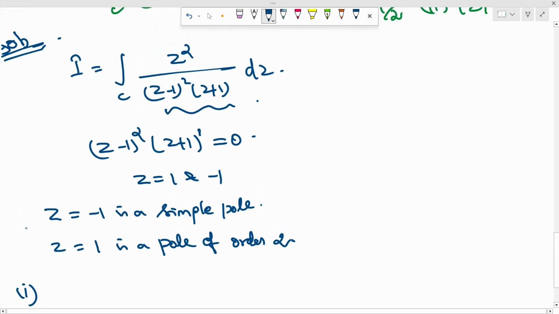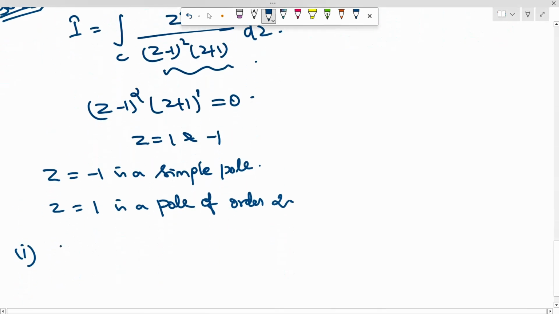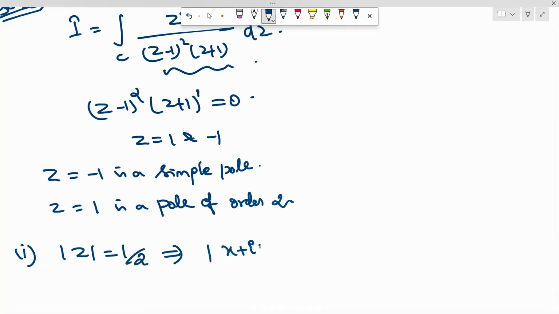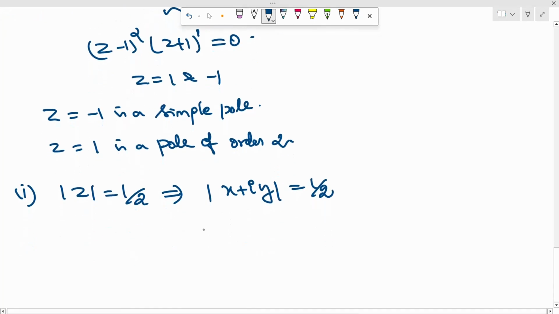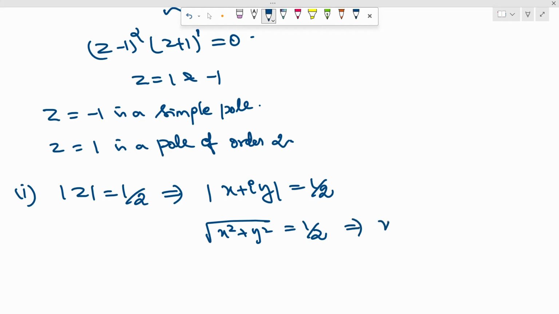The first contour is modulus of z equal to 1 by 2. We know that z equals x plus iy, so modulus of z equal to 1 by 2 becomes root of x squared plus y squared equals 1 by 2. Squaring on both sides, we get x squared plus y squared equals (1 by 2) whole squared, which is in the form of a circle.